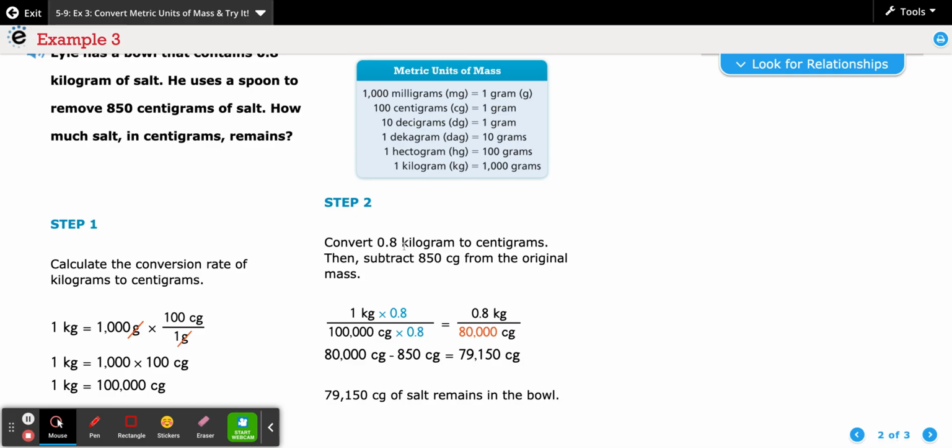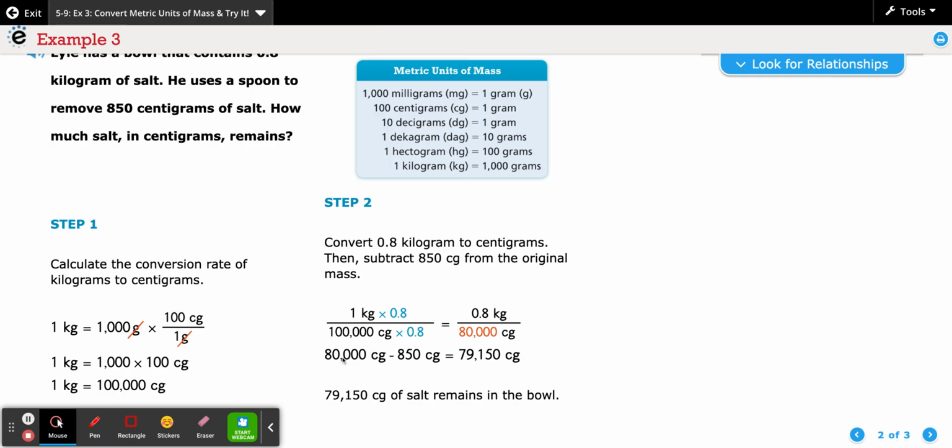And then they needed to convert 0.8 kilograms to centigrams and then subtract. So really 3 separate math operations going on. But they figured out the conversion rate between kilograms and centigrams using dimensional analysis. And then they converted the kilograms to centigrams using the equivalent ratio, or using the ratio factor.